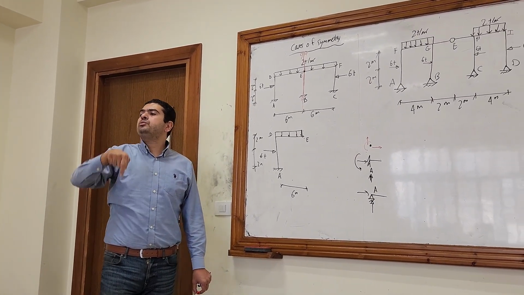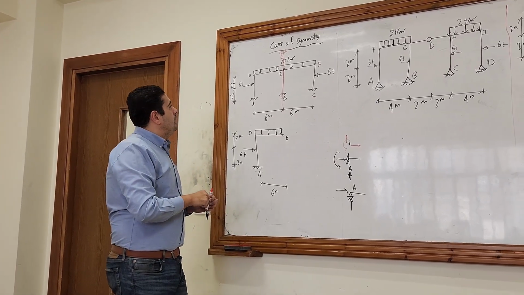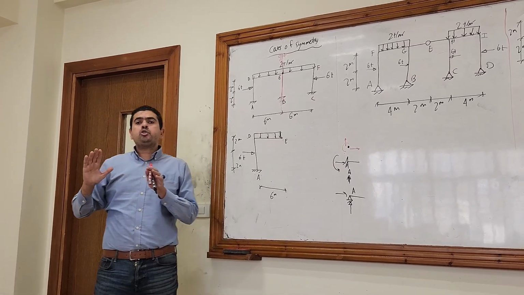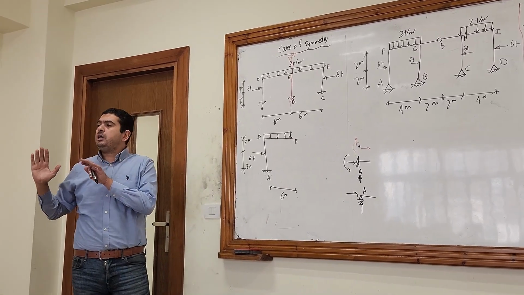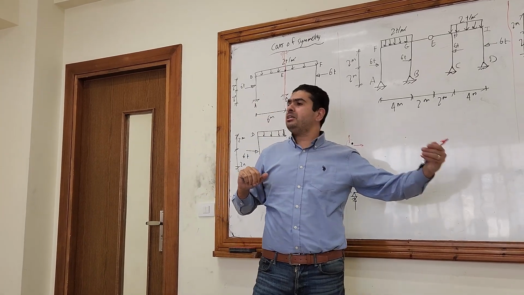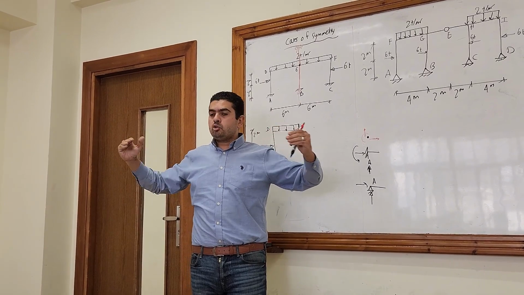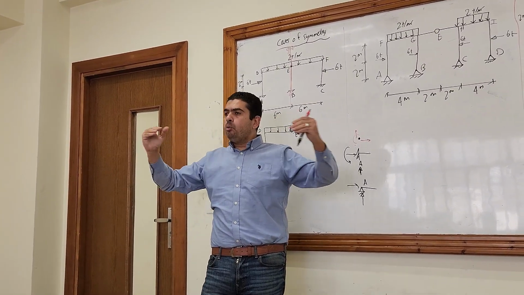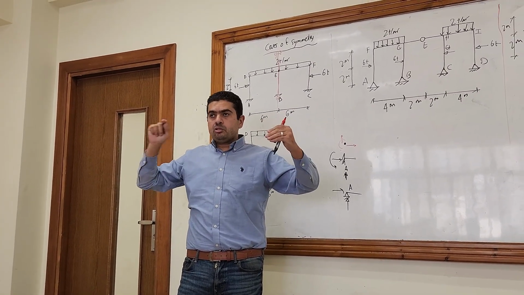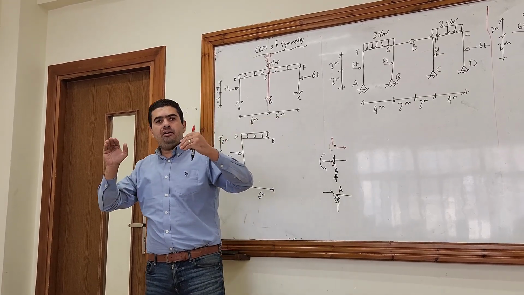Because of the symmetry. You are pushing horizontally from the left side the same loads that you are pushing from the right side. Because of the symmetry again, you are pushing equally from both sides, so the point E will not move either right or left.